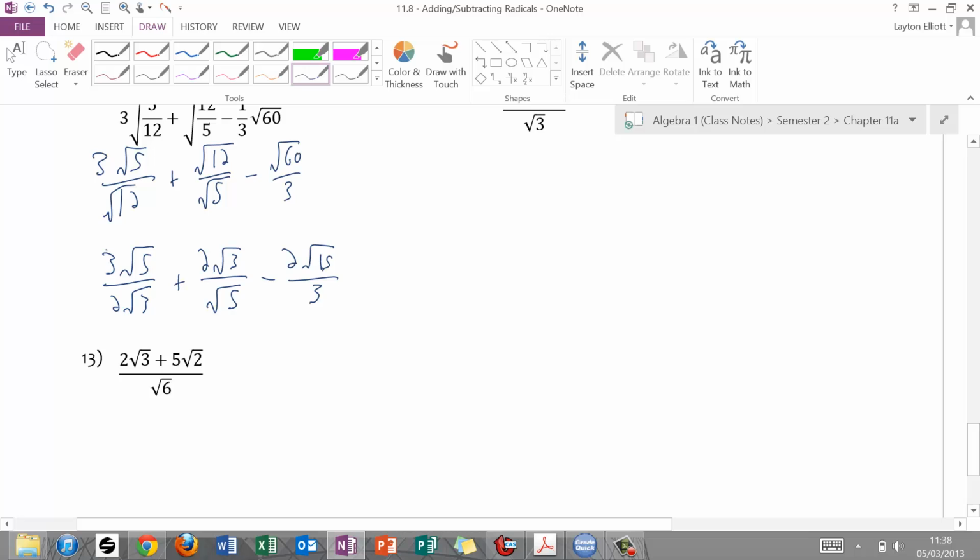What I could do is rationalize each part, so let's take this first one and multiply it by radical 3 over radical 3. Let's take this second fraction and multiply it by radical 5 over radical 5.